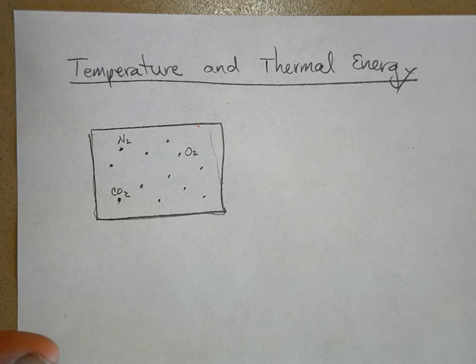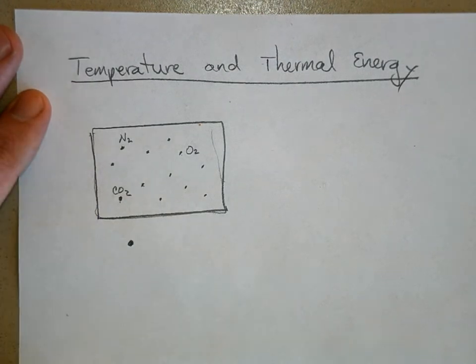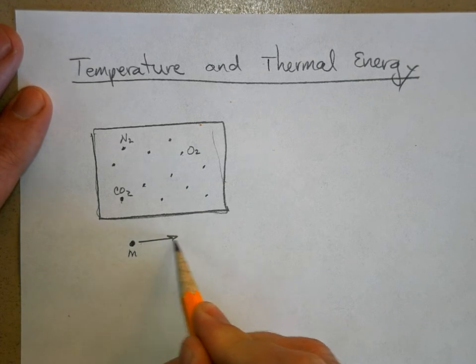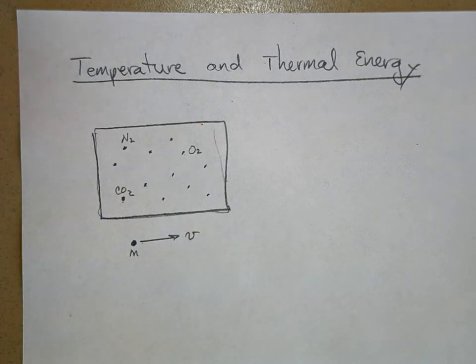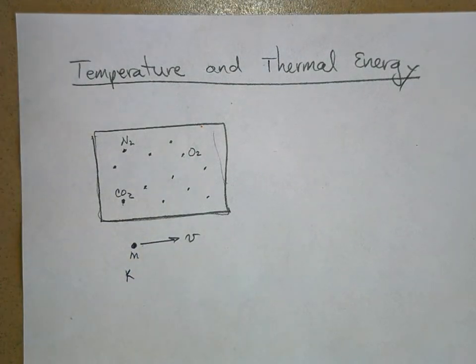Now if you look at a single molecule outside here, it has mass and it's moving. So what kind of energy does it have? It has kinetic energy. Now, when we look at a large collection of molecules, it's very difficult to do physics on a single molecule. There are particle physicists that do it, but that's not what we're going to deal with here.